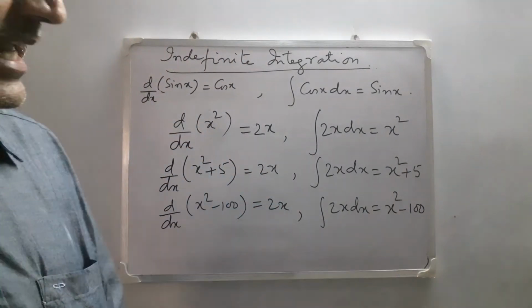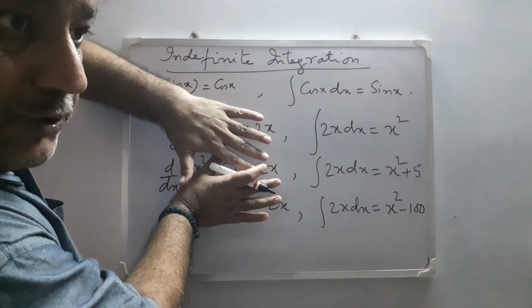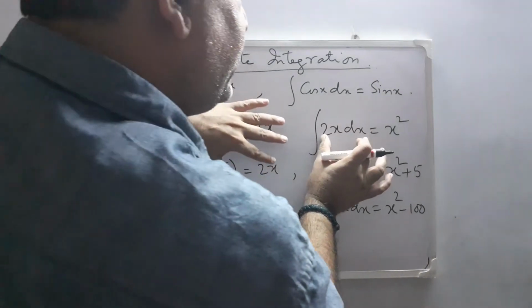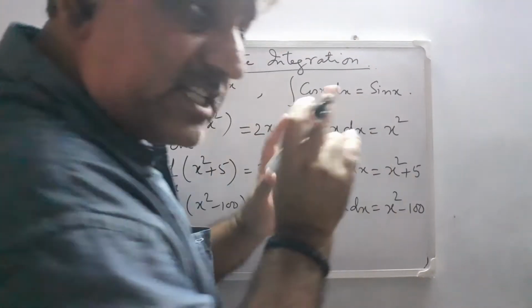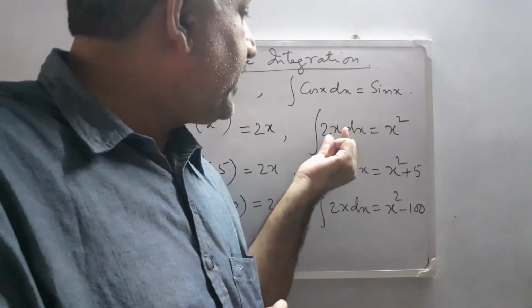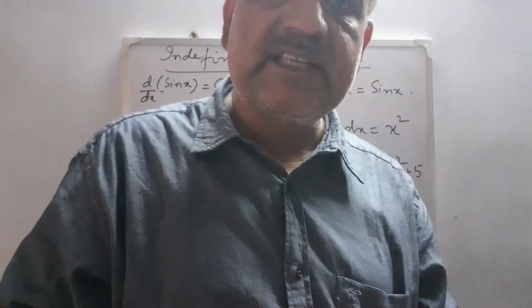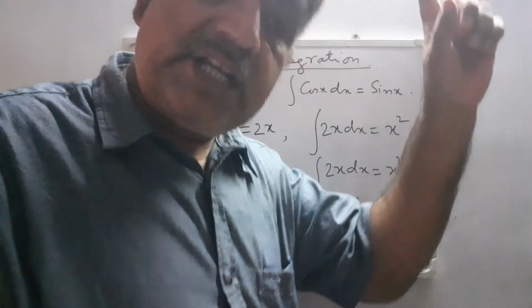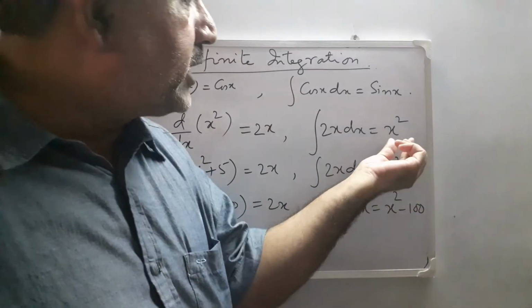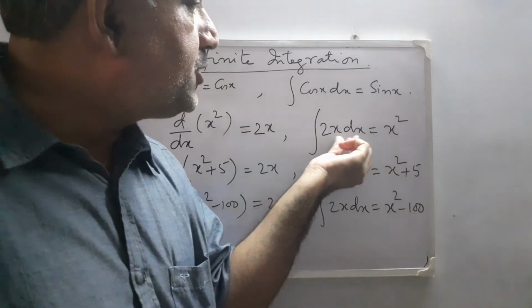So if the original function is not given to you and it is given that you integrate 2x dx, you have to search for the original function from where this 2x appears. Then it may happen that there must be some constant in the original function which you are unable to write here by simply observing 2x dx.